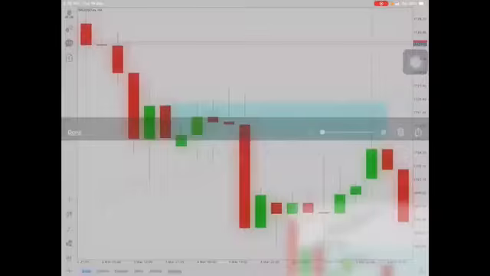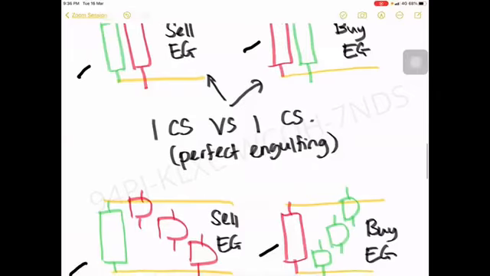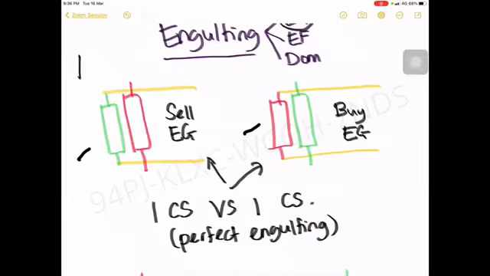Yes, because we have three types. This is the first type: one candlestick eating one candlestick. This is low risk. And then we have number two. This is also low risk.